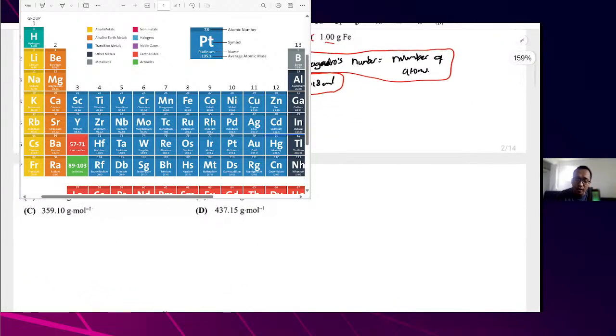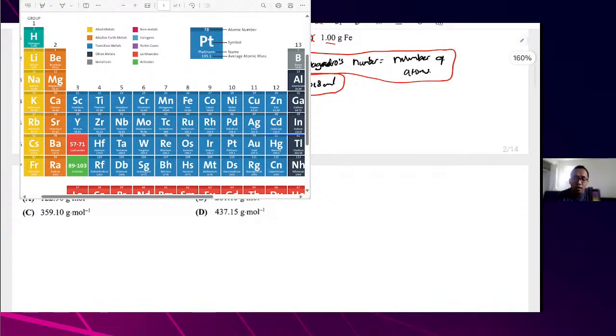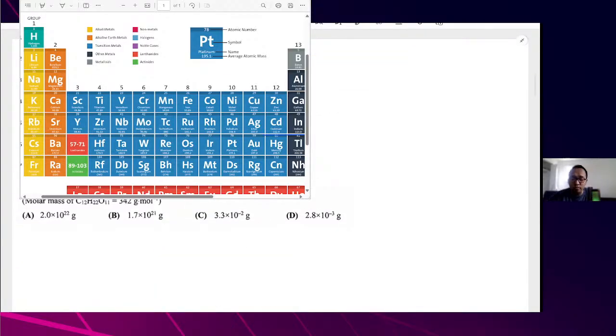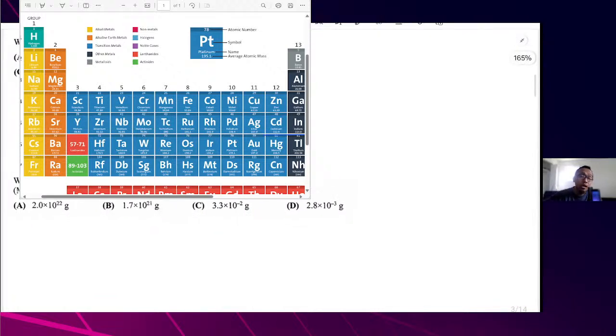We can count the number of atoms by using the equation moles times Avogadro's number. But remember, we can solve the problem without doing the calculation with Avogadro's number, as long as the grams are still the same and the other things. Okay, and then we can go through another question. Let's roll on to another question.